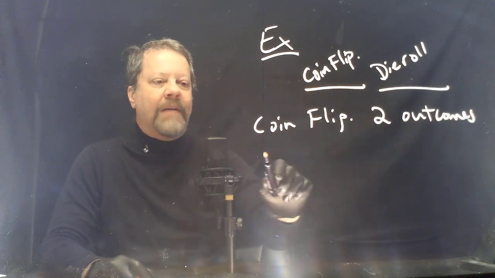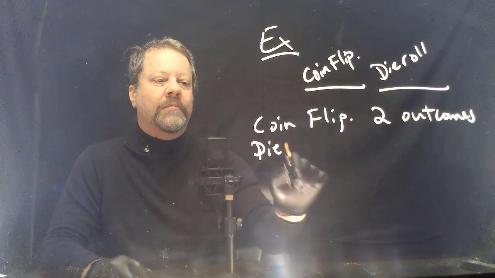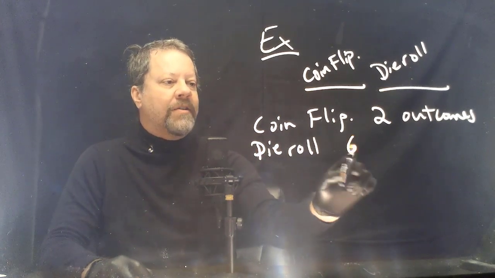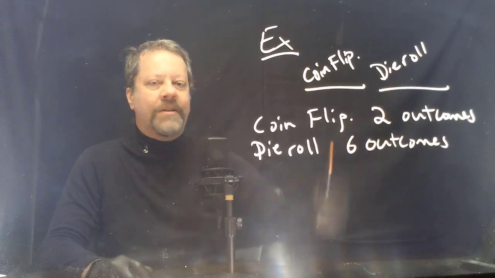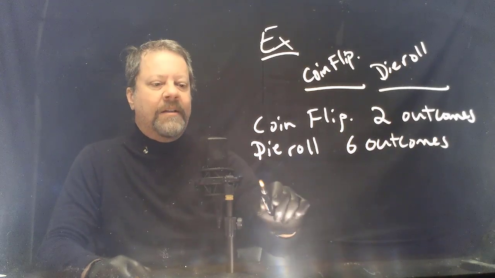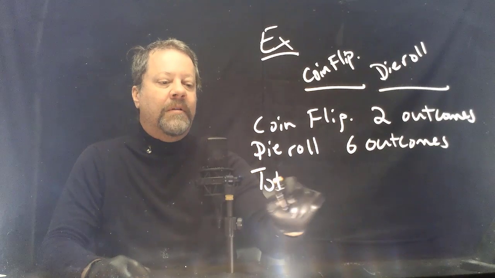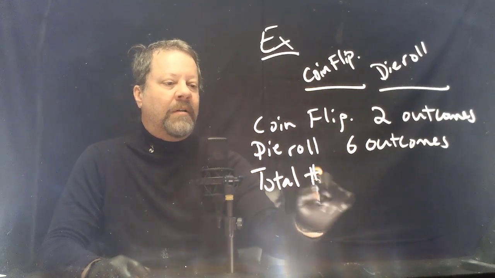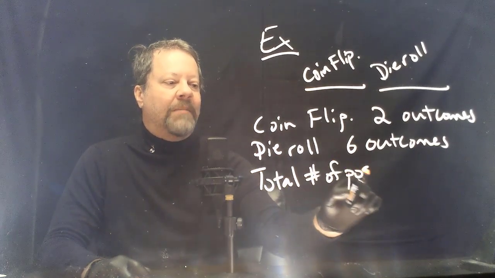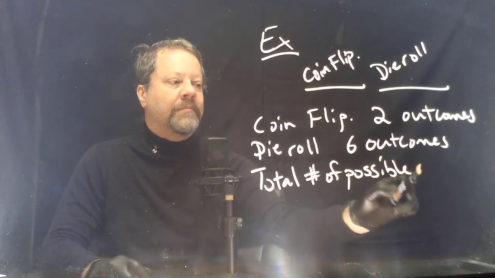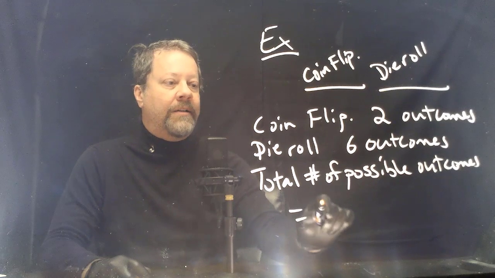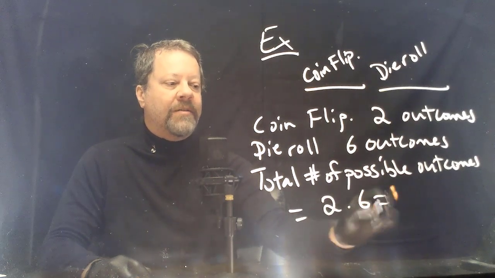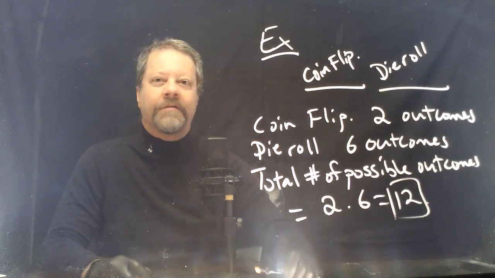For the die roll, there are 6 outcomes, 6 ways to fill the second slot. So the total number of possible outcomes is 2 times 6, or 12.